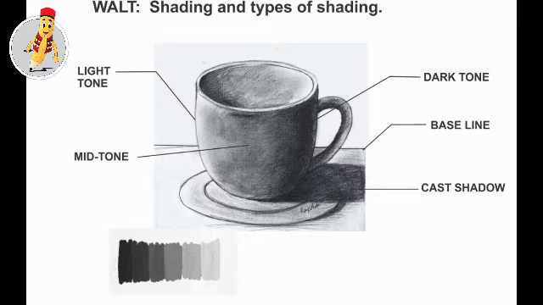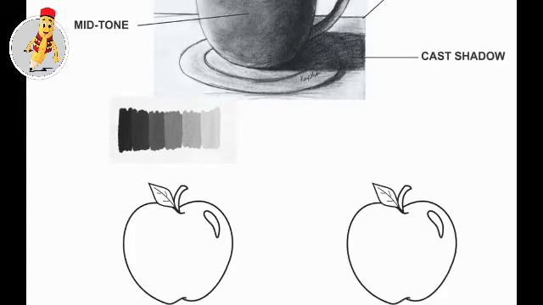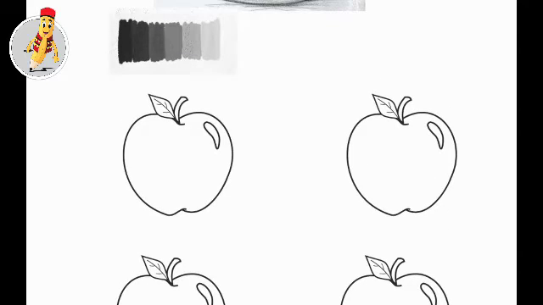Next we'll be looking at types of shading. I have these apples here I want to use for my examples, and we are going to look at four types of shading, namely blurring, hatching, cross hatching, and pointillism.